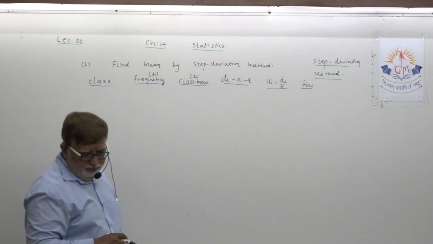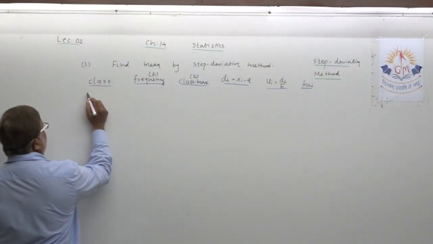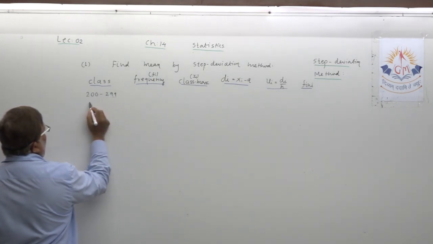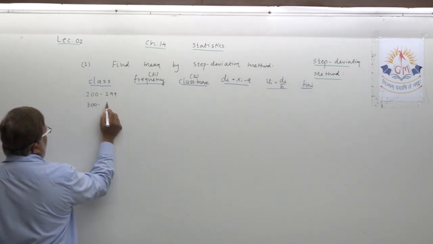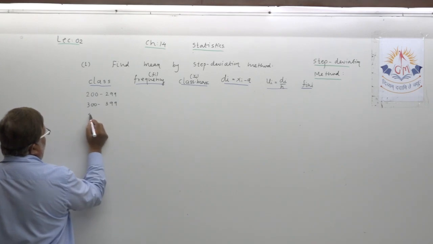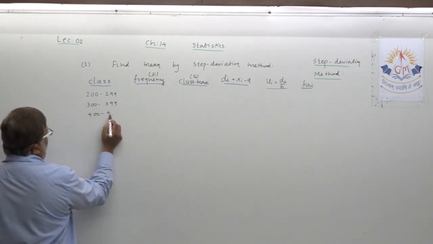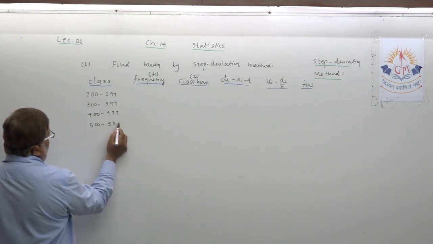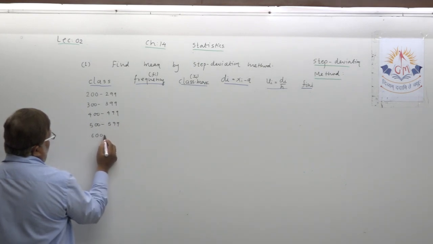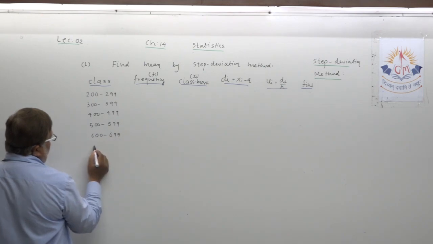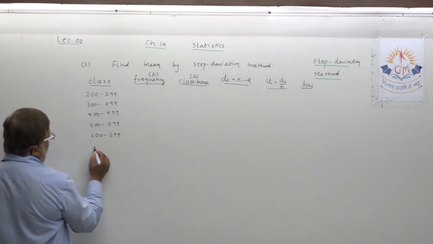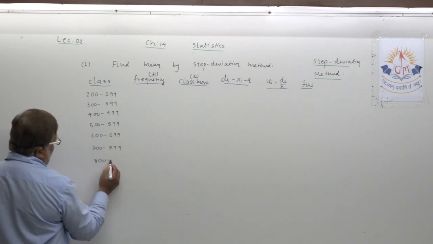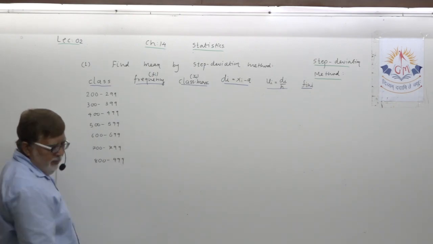Class, please note down: 200 to 299, 300 to 399, 400 to 499, 500 to 599, 600 to 699, 700 to 799, 800 to 999.